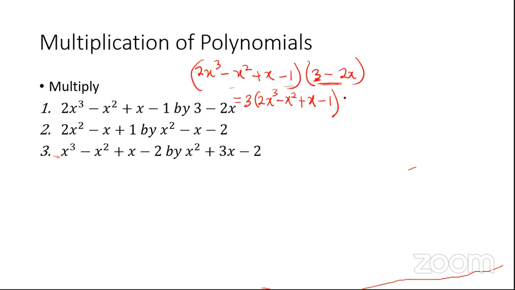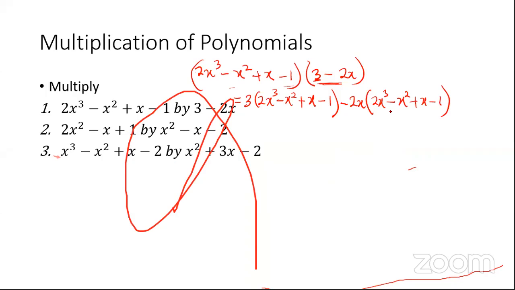So you have used 3. You also use minus 2x into bracket 2x raised power 3 minus x squared plus x minus 1. So that is what it will give us.